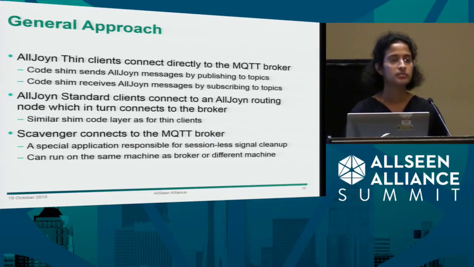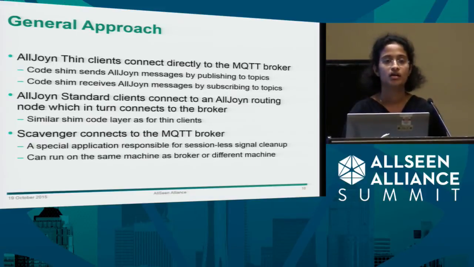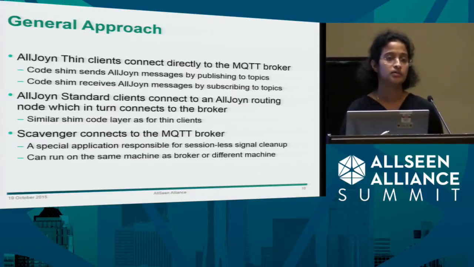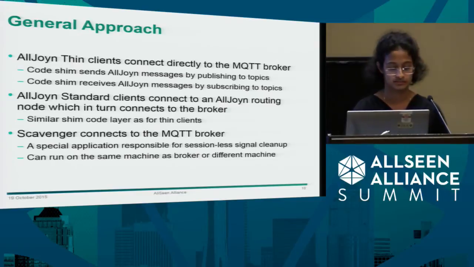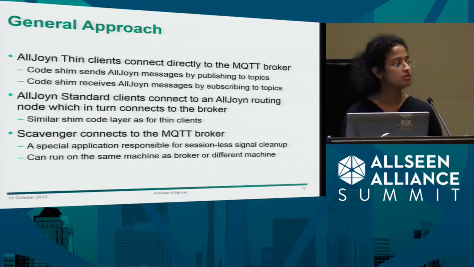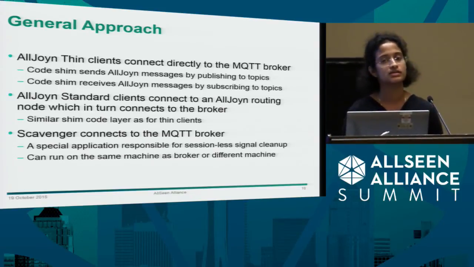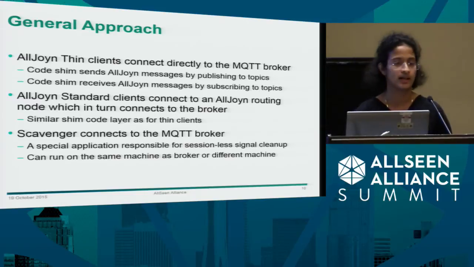Now, MQTT does not support timeouts for retained messages, nor does the protocol define cleanup of messages when a node leaves the network. So essentially the Scavenger takes care of these two things on behalf of clients. It can run on the same machine as the broker, or on a different machine. As far as the broker is concerned, the Scavenger is just another client.